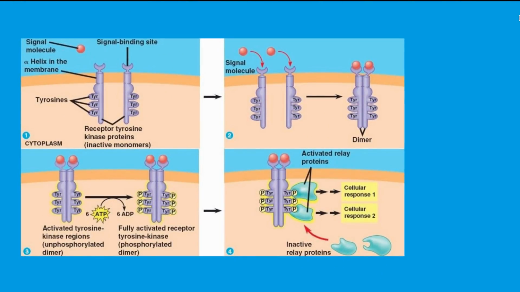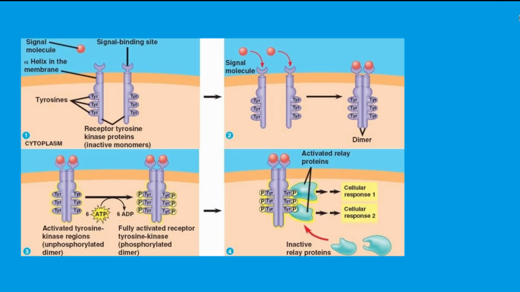And our final type of cell surface receptor is our receptor tyrosine kinases. And these receptors have this enzymatic activity, this kinase activity, that is only turned on, only activated when the signaling molecule is bound.